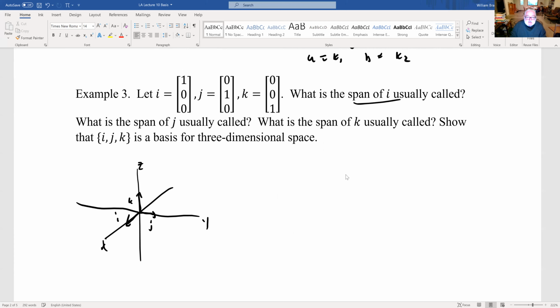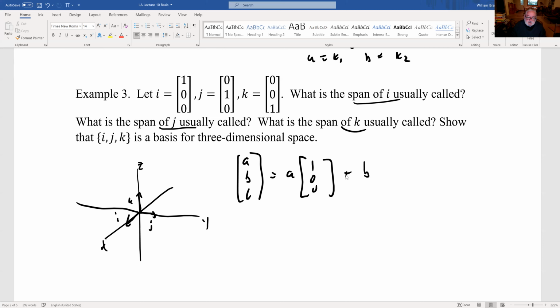So the span of i is the x-axis, the span of j is the y-axis, the span of k is the z-axis. And this is a basis for three-dimensional space because any three-dimensional vector is a times (1, 0, 0) plus b times (0, 1, 0) plus c times (0, 0, 1). Any three-dimensional vector is a linear combination of these three vectors.